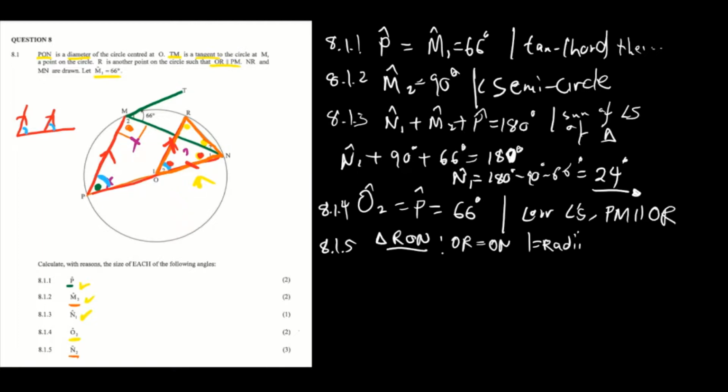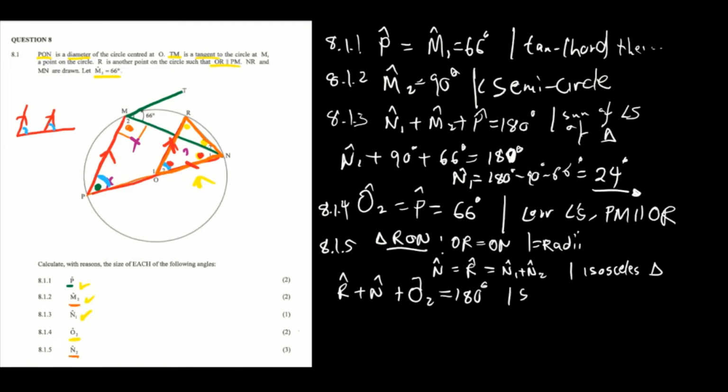If it's equal radii, then the entire angle N is equal to angle R, which is the same as saying equal to angle N1 plus angle N2. This is just an isosceles triangle. Looking at this triangle, angle R plus angle N plus angle O2 gives us 180 degrees.